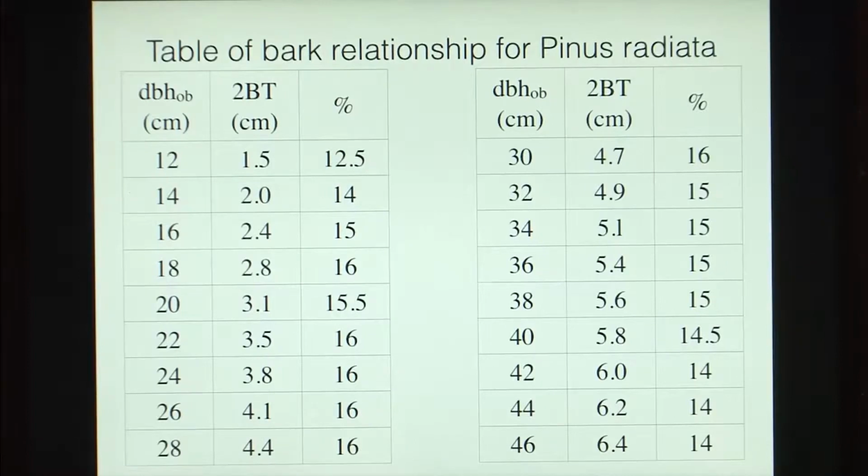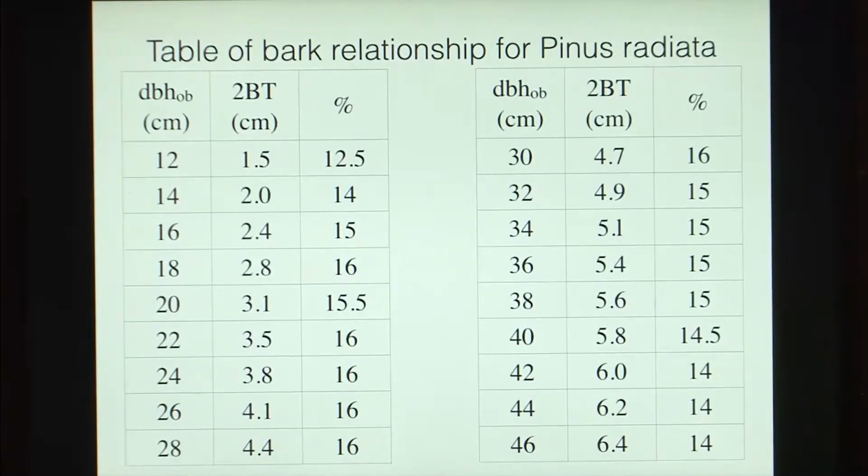In the second column we have twice the bark thickness, represented as capital B, and the third column gives us the percentage. As we can see from this figure, as the DBH over bark increases, the bark percentage goes from 12.5 through 14, 15 and 16, and then it reduces again from 15 to 14.